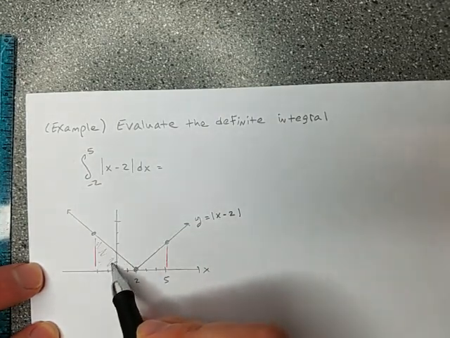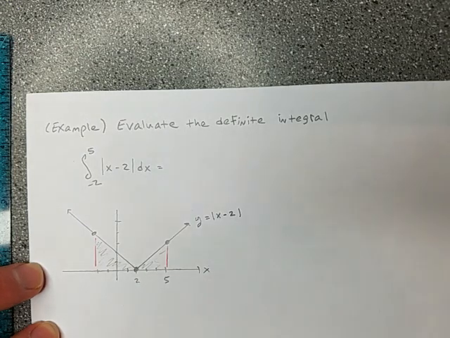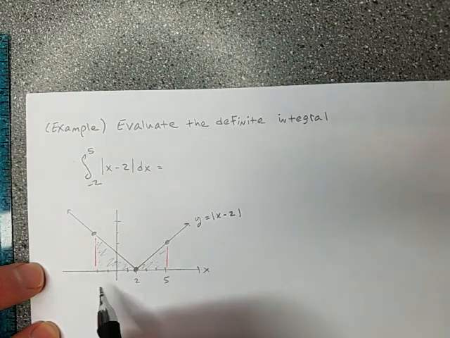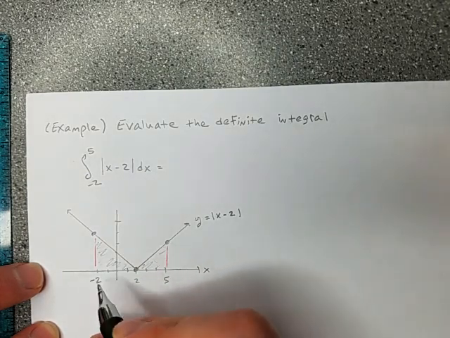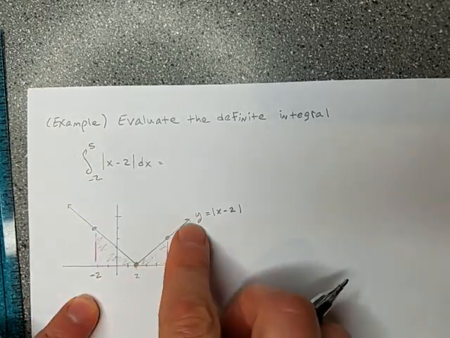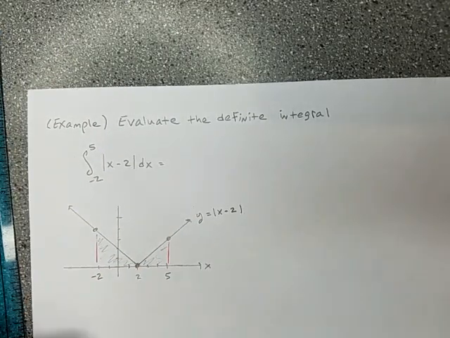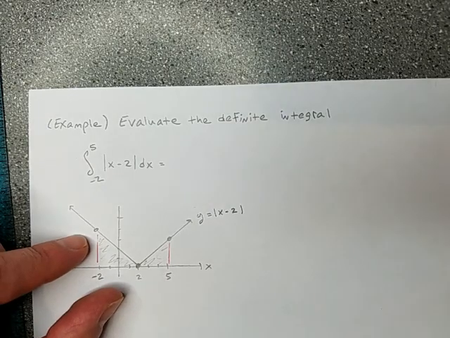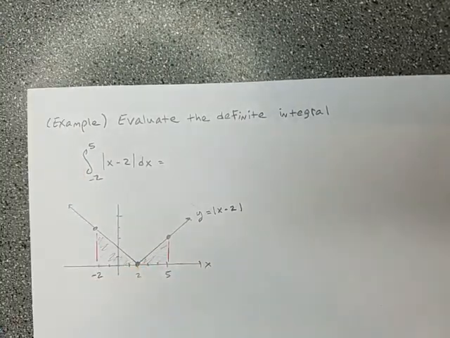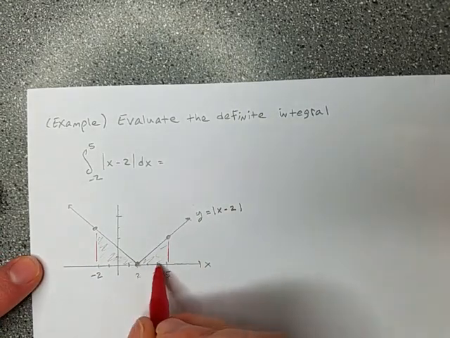Well, that would be all of this. The limits of integration are along the x-axis. The curve's up there. I've shaded the area that is contained by all of that, and this is asking me for that total area.